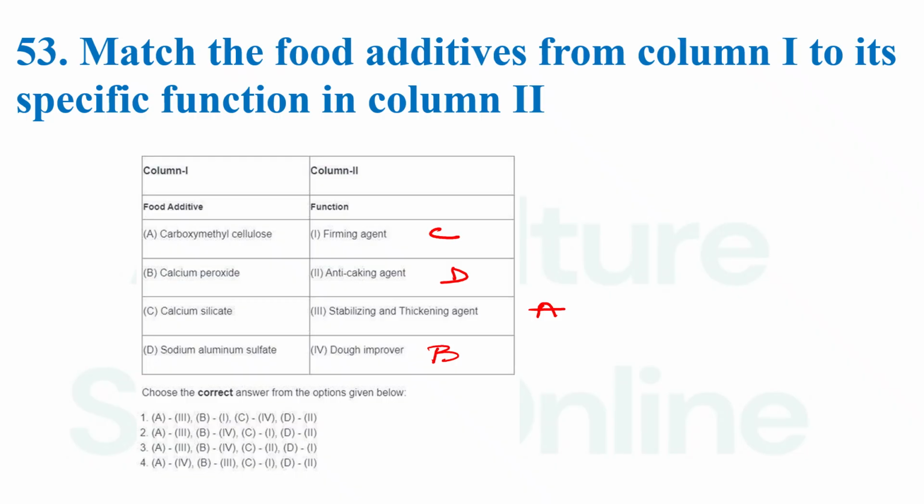So carboxymethyl cellulose is for thickening, peroxide is for proofing of dough, silicates is for structure, that is the firming agent, and aluminium sulfate is the anti-caking agent.